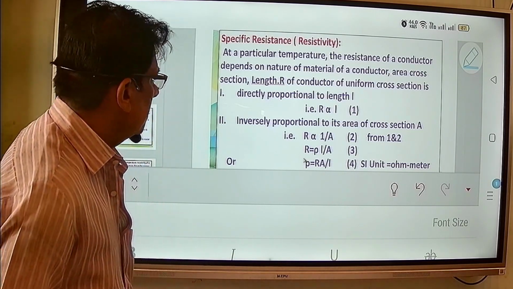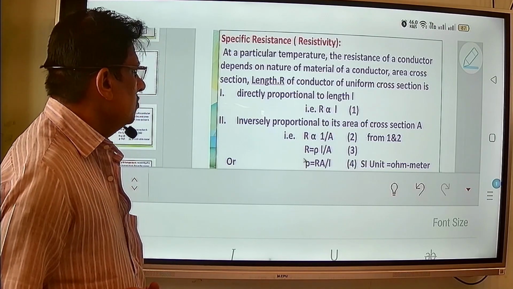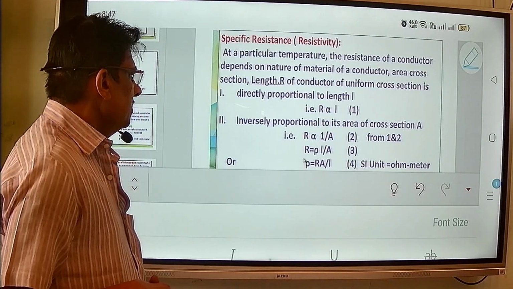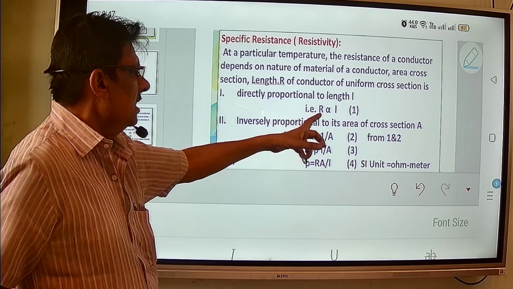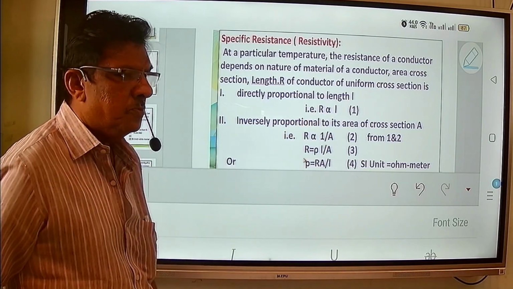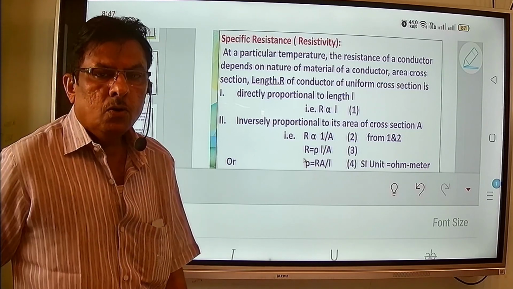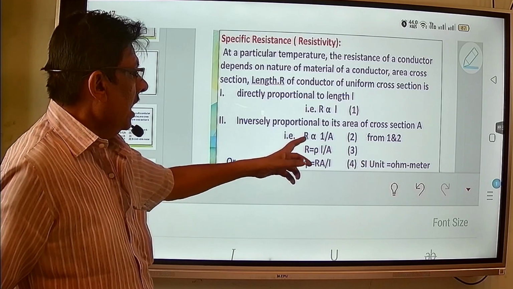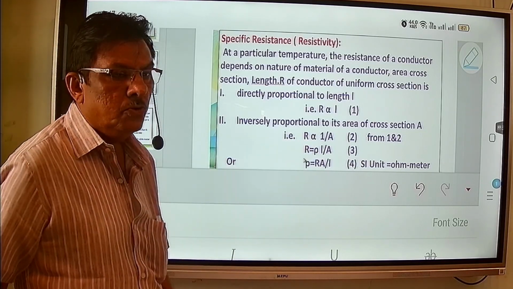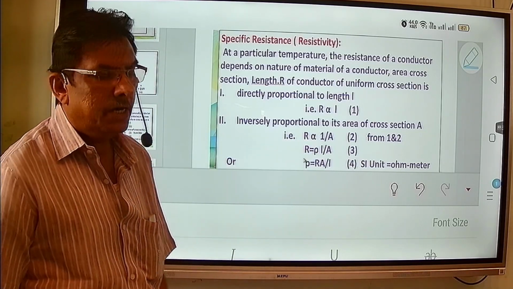So here we are putting it into the equation form. You see that R is proportional to L, resistance is proportional to the length of the wire. Second is that R is inversely proportional to area of cross section of that wire.